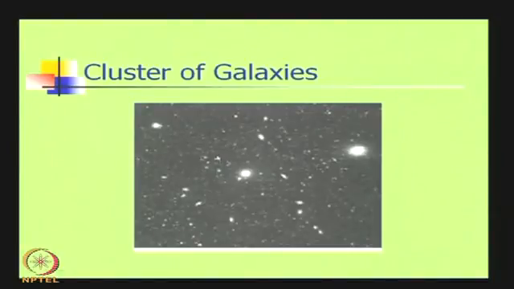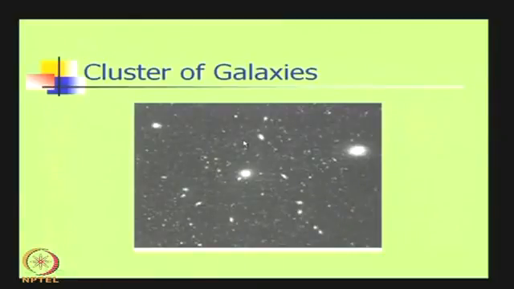So, this shows you an image of a cluster of galaxies, and a cluster is a part of space where you have many galaxies located close together, and these galaxies are physically bound. So, they are gravitationally bound. Okay, so, this shows you an image of a cluster. You can see that these extended things over here, they are all individual galaxies.